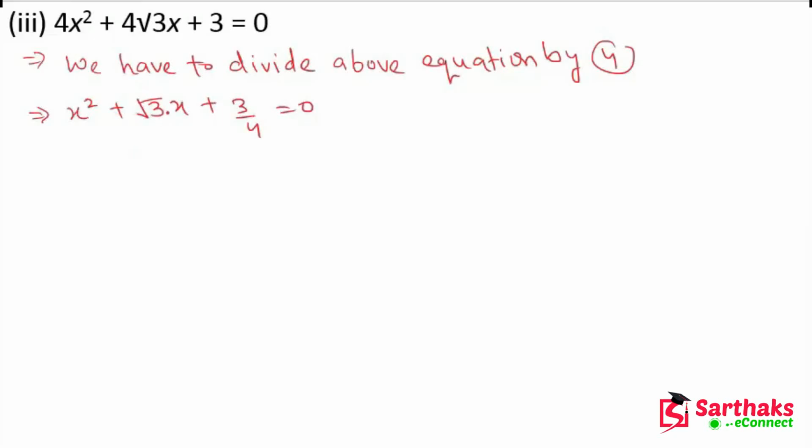Okay, my dear friends, now shift this term to the RHS, so we get x square plus root 3x is equals to minus 3 upon 4.